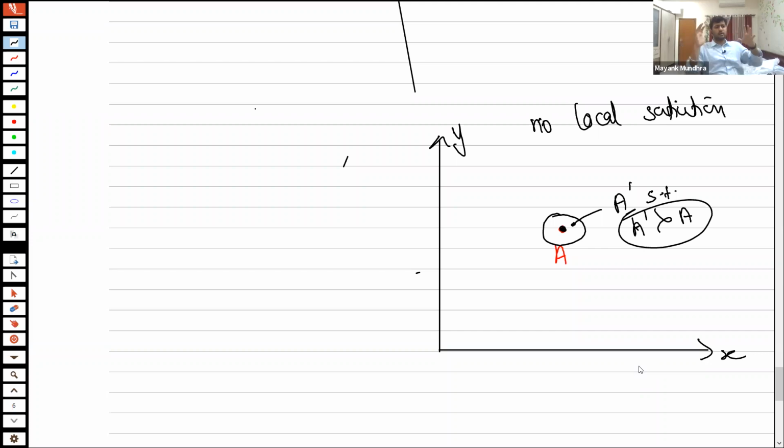So to understand the concept of local non-satiation, think of the utility, think of different points on the surface of the Earth. The higher altitude that you reach, the higher would be your utility. So if you're at the peak of Mount Everest, you have the maximal possible utility.